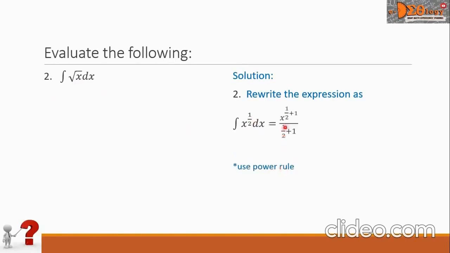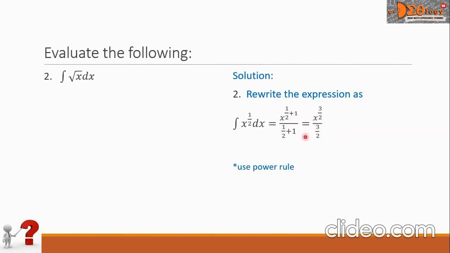So we have now x raised to 1/2 plus 1 all over the denominator 1/2 plus 1. The 1/2 plus 1 is equal to 3 over 2. So we have now x raised to the power 3 over 2 all over 3 over 2.